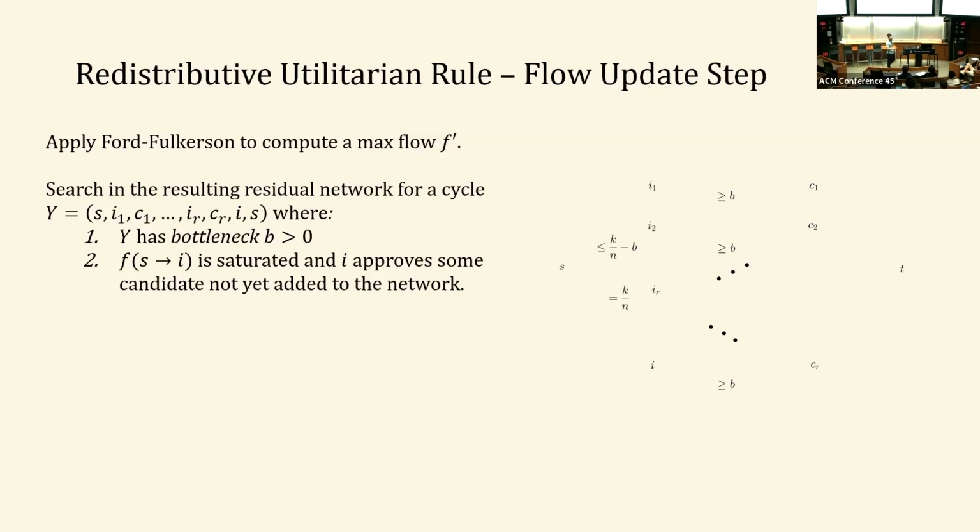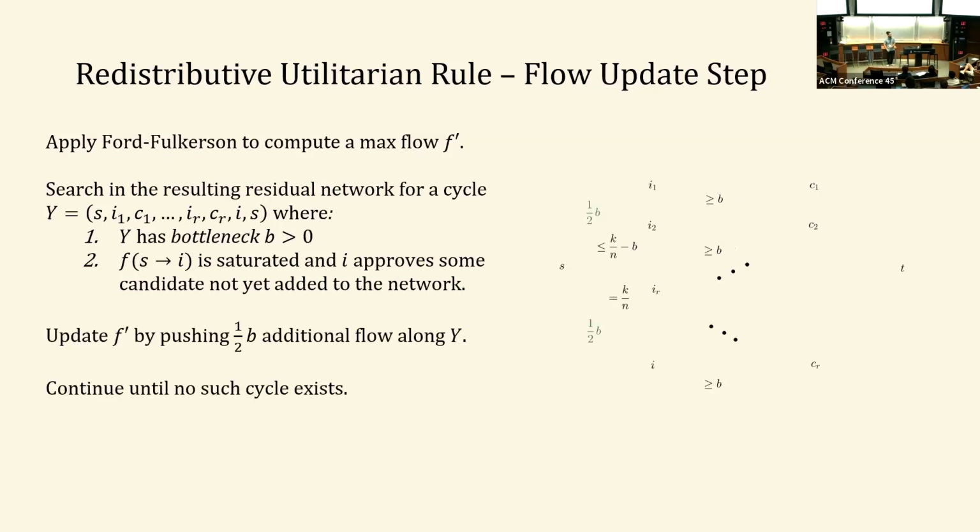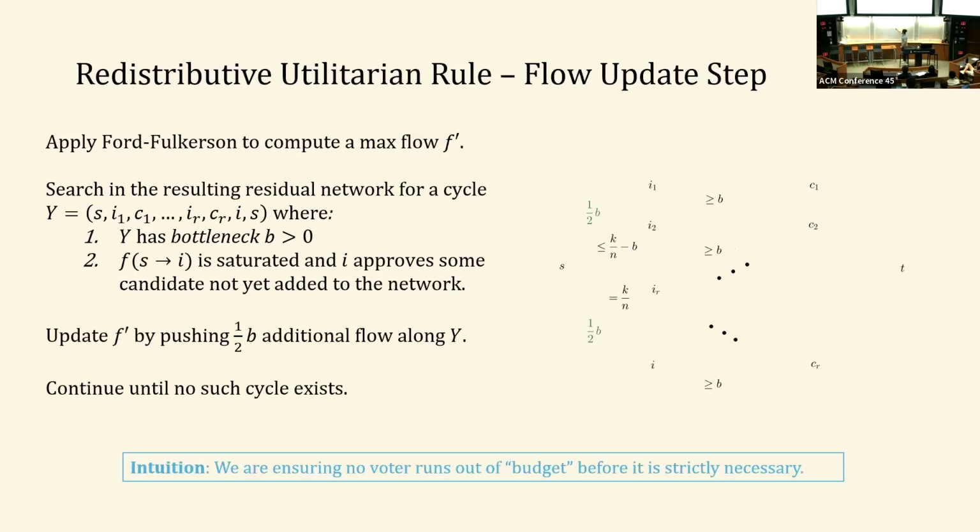We have to identify such a cycle, meaning a cycle with a positive bottleneck in the residual network, and then just flow, for example, half that bottleneck back along the cycle, giving voter i some of their budget back, meaning they still haven't run out of money. Their weight is now not frozen, so their weight can be used to compute which candidate will come next. Okay, so we'll do that until there's no cycle like that remaining.